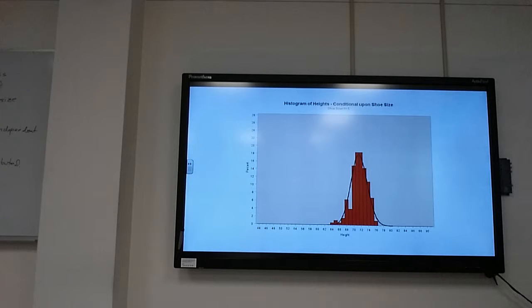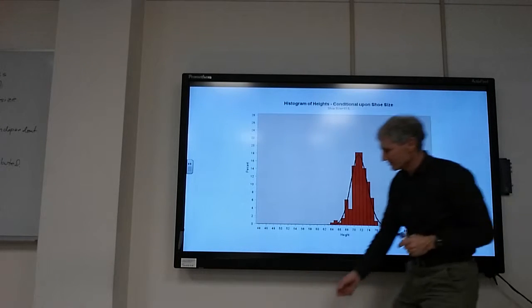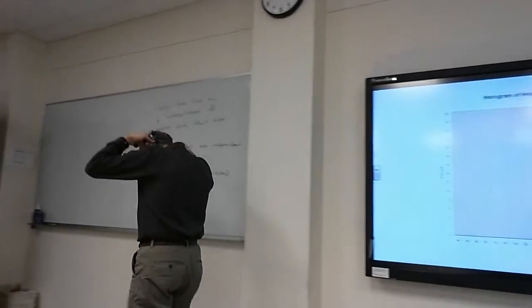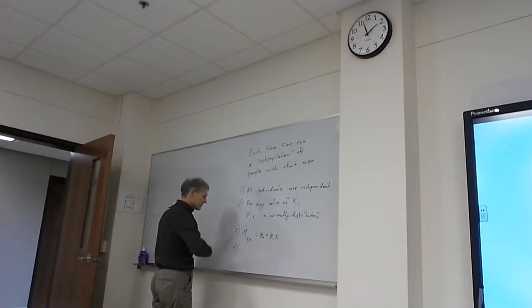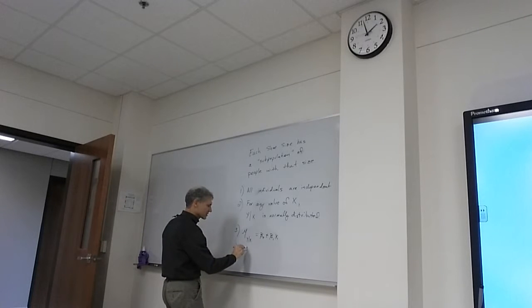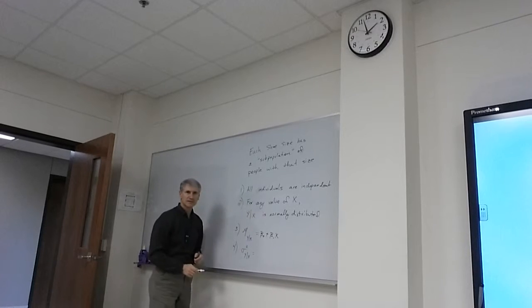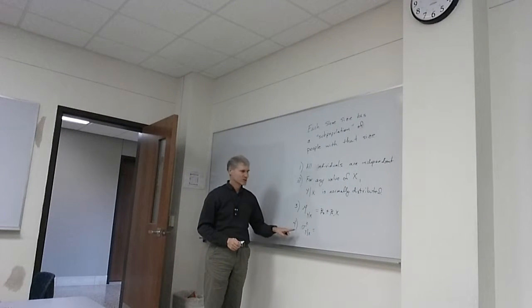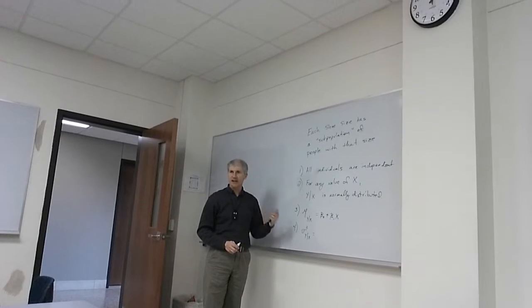This is known as the constant variance assumption. So the variance of y, which is sigma squared of y given x, more Greek letters. Remember, sigma squared is variance, sigma is standard deviation.